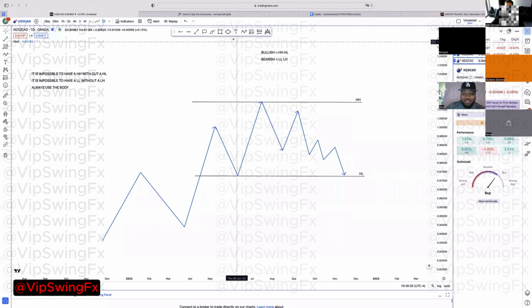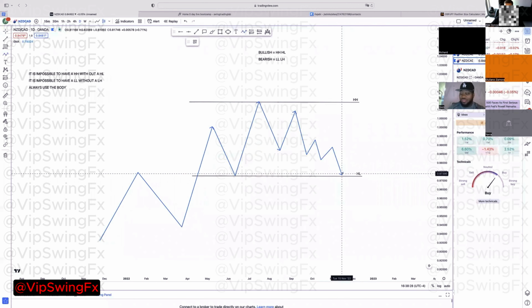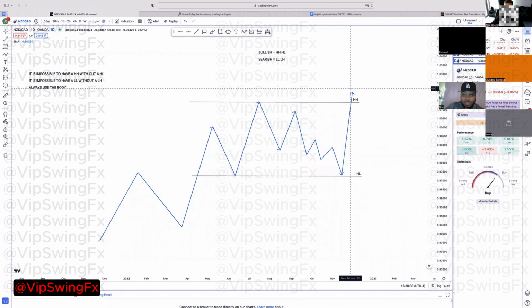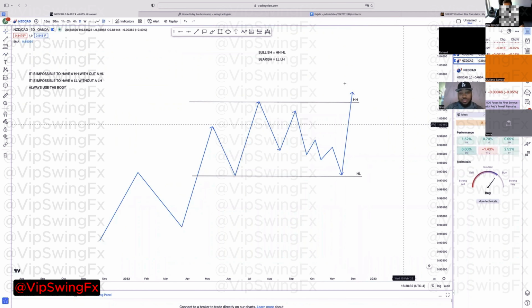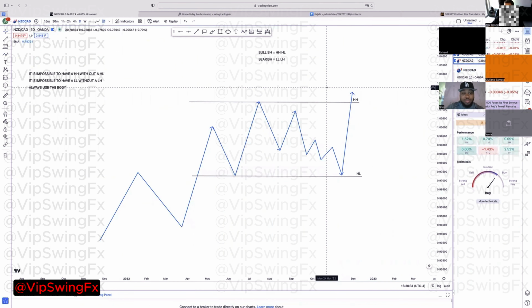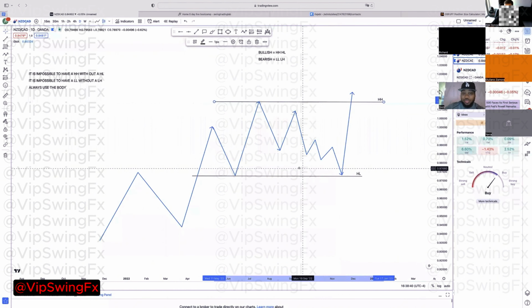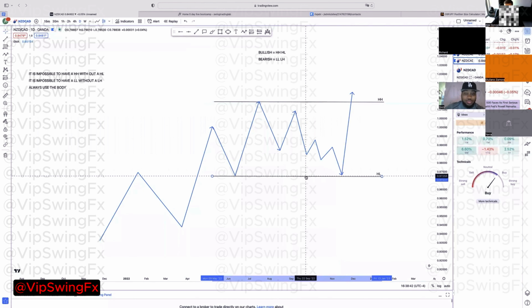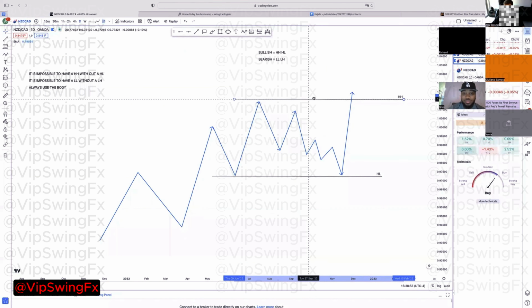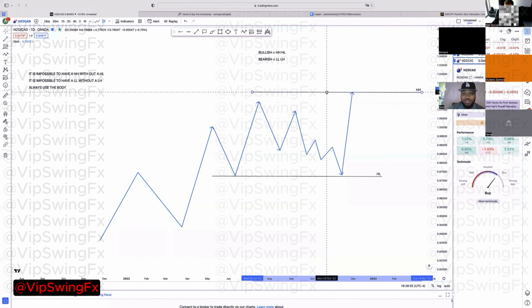All right, so what is this point right here? What is this point right here? Okay, exactly. So if you notice, we've broken above the higher high. So this is the new higher high. It literally speaks for itself, right? So we move this to the highest high.